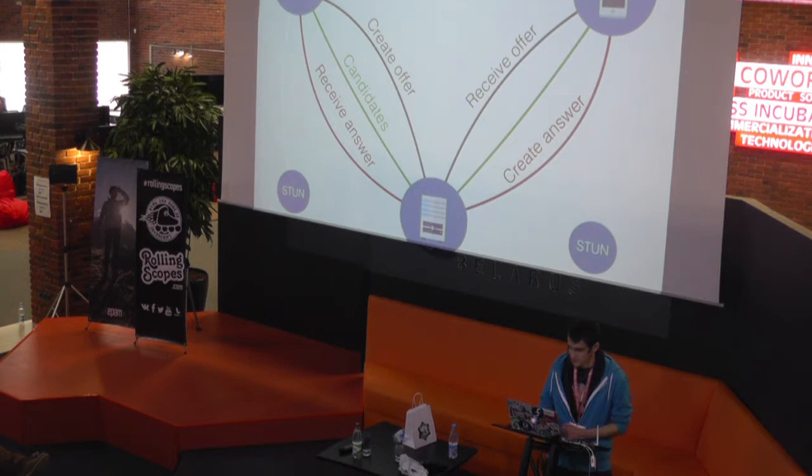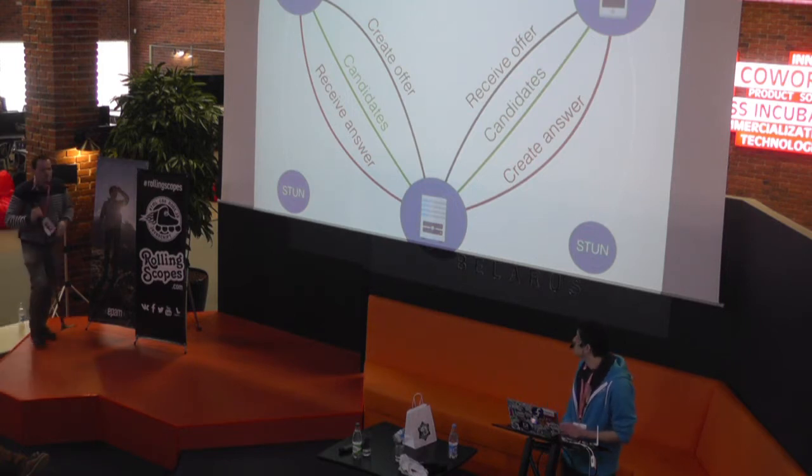After the answer is created, the other peer goes to STUN. It asks for the candidates, and it shares them back with the use of the signaling server. So the peer-to-peer connection can be established.